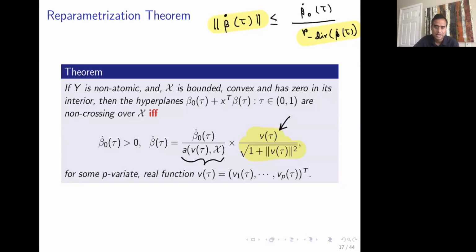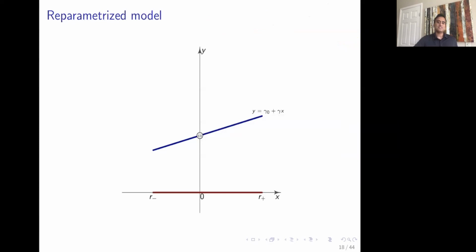So if you have a stack of hyperplanes which are correctly ordered, you can find the function v for which this happens. On the other hand, if you start with the function v and you define your slopes in this particular way, then you do have a stack of hyperplanes that are correctly ordered. So here is a sort of picturization of how this is going to be implemented in statistical modeling.